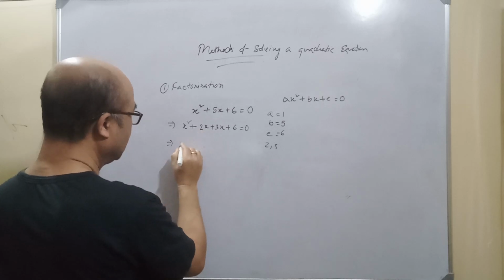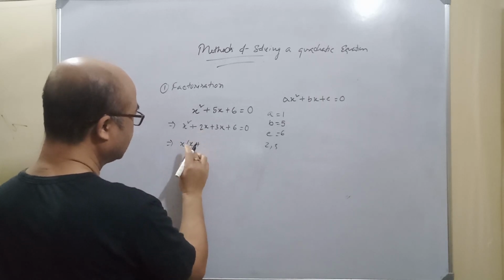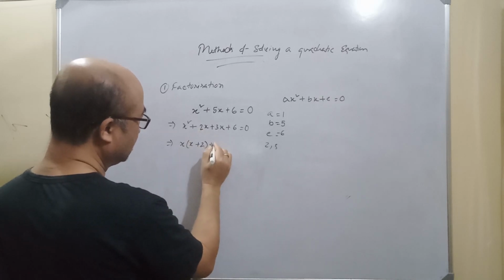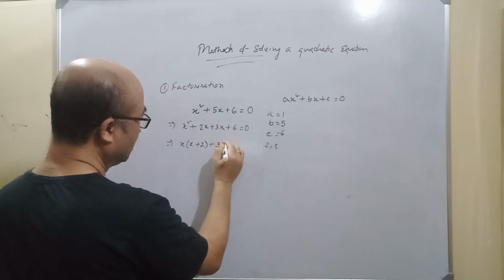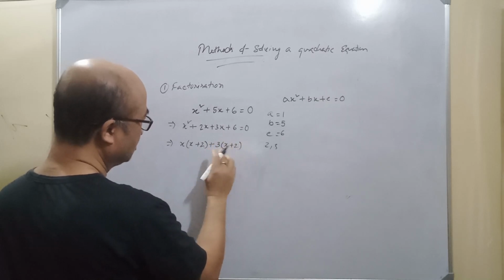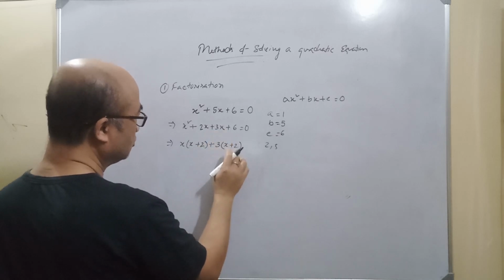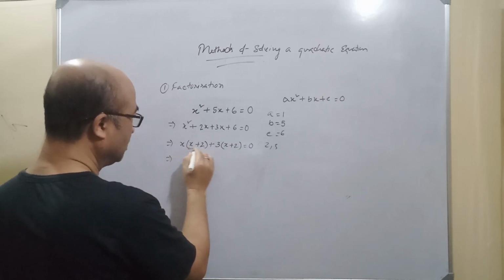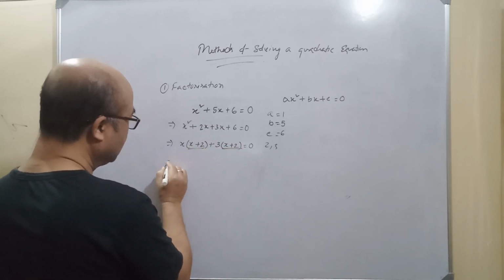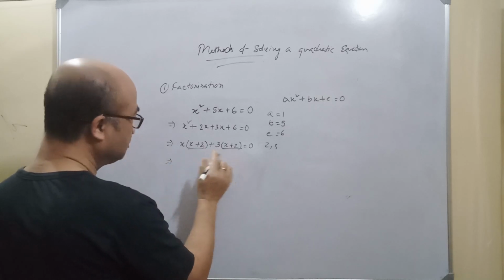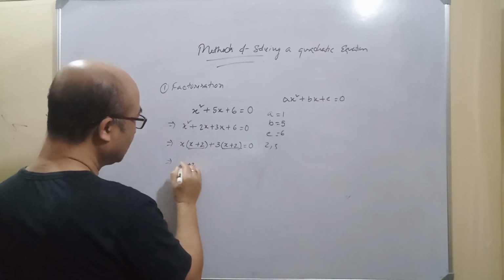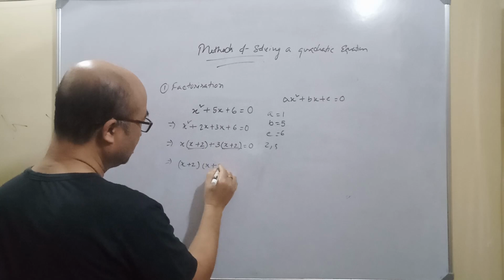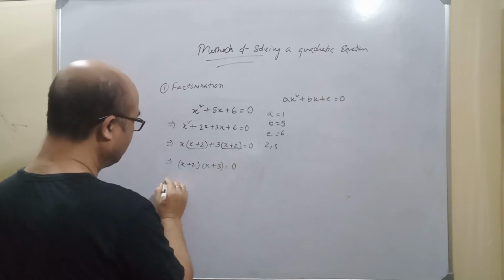So this can be written as, taking x common, x square, we get 2 here. X into 2, 2x. Plus 3 is common here. Take x plus 2. 3 into x, 3x, 3 into 2, 6 equal to 0. So you get this term common, x plus 2, x plus 3 equal to 0.